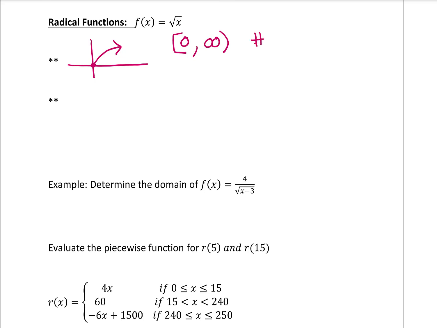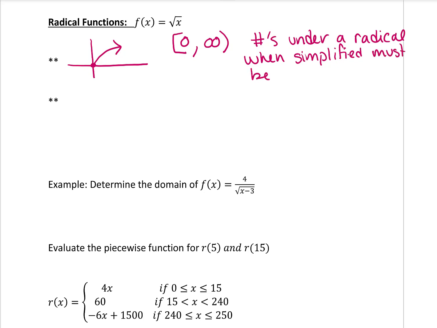So the numbers under a radical when simplified must be greater than or equal to 0, meaning they have to be 0 or a positive number. The reason why they can't be negative is because you can't take the square root of a negative number.